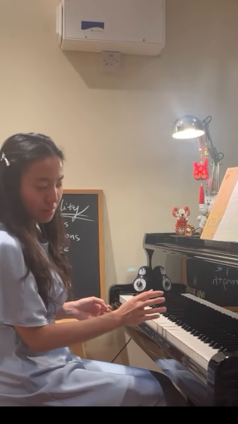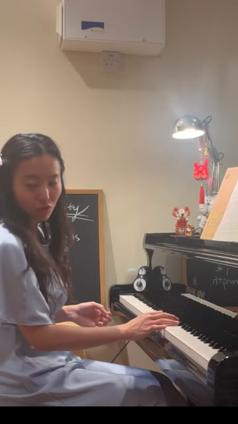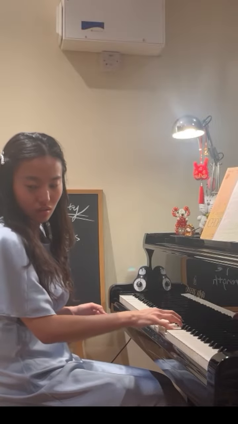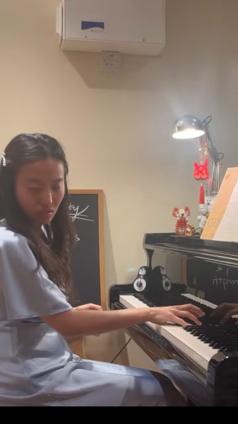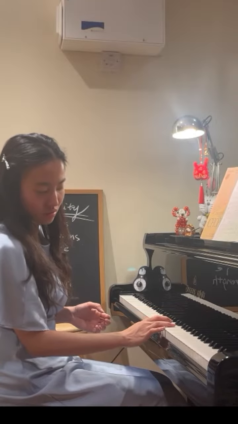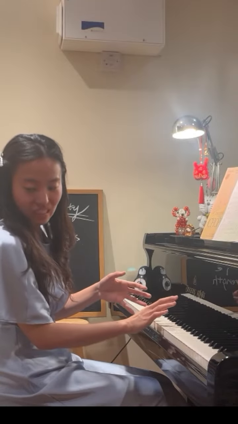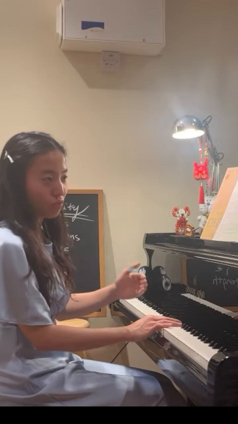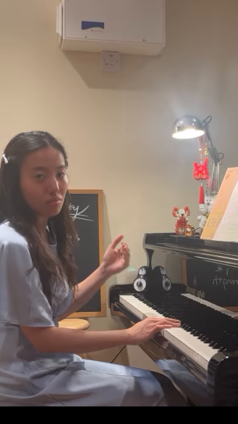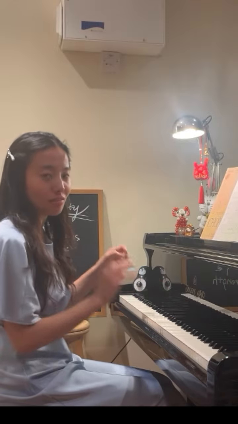But the truth is, I'm actually using my right hand to play 2 voices. But we need to control it to make these 2 voices sound different, like 2 different persons singing completely different lines.